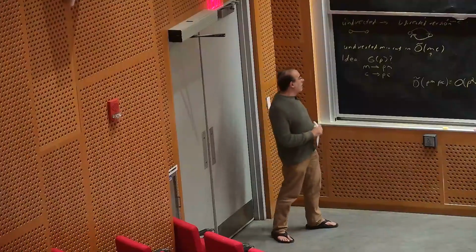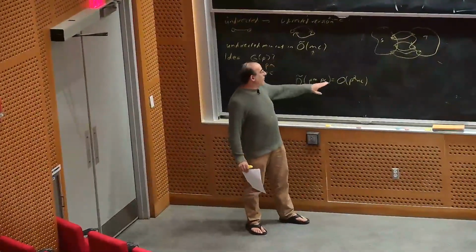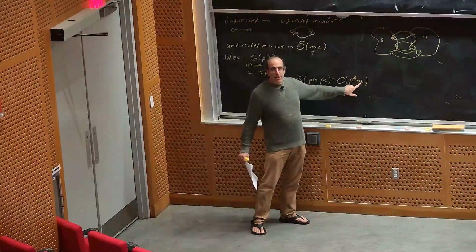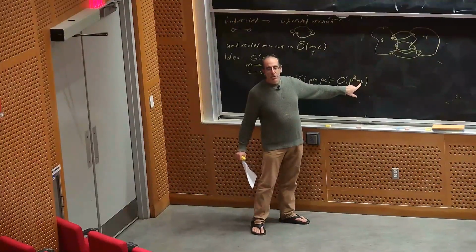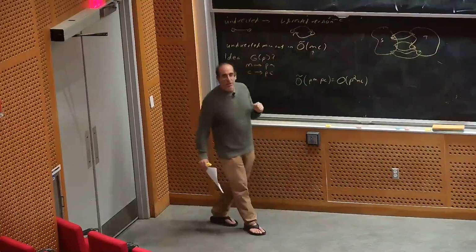So the runtime is what it is, right? Or sorry, the runtime depends on the value of the min cut in the new graph. So let's start by asking that question: what can we say about the min cut in the new graph?